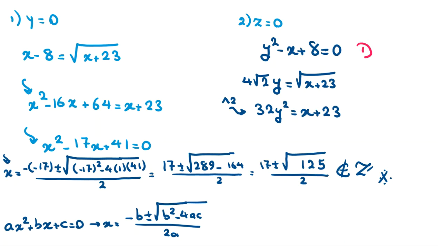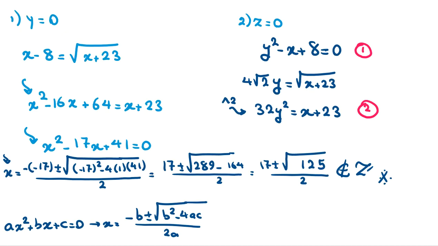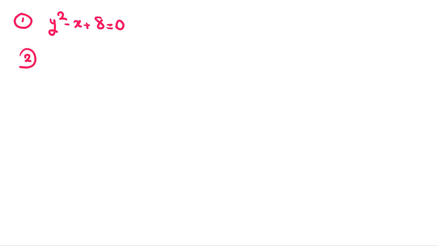Now we have two important equations. Let me write this one. First one, this one as second one. So first one is y squared minus x plus 8 equal to 0. And second equation, 32y squared equal to x plus 23.